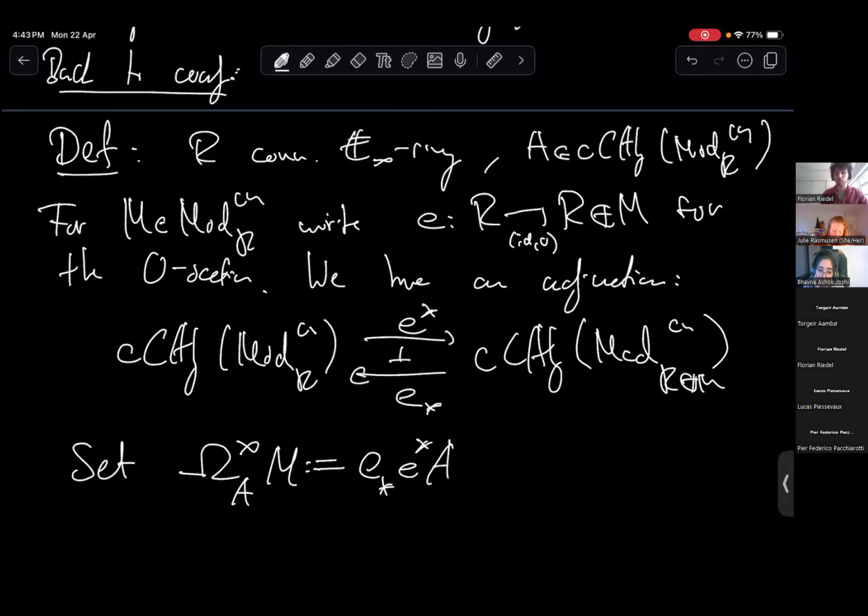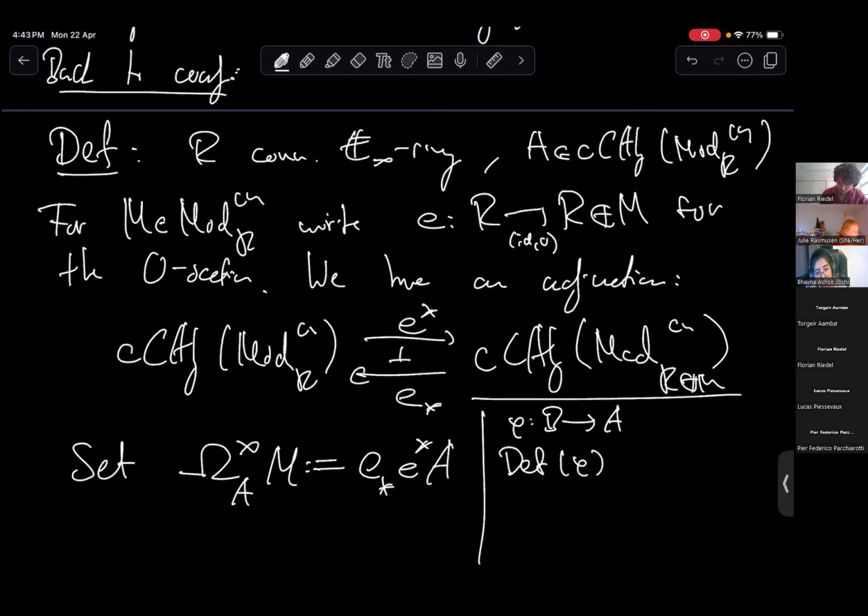And you can check formally that if you have a map phi from some other coalgebra to A, you can look at the space of lifts, so the space of deformations of phi, to the split square zero extension.